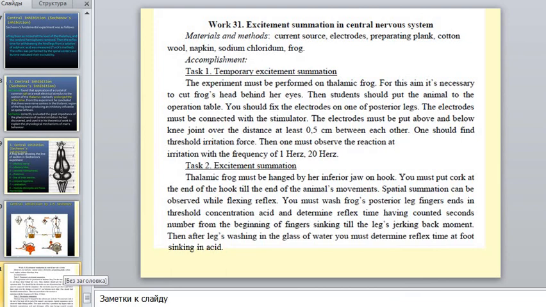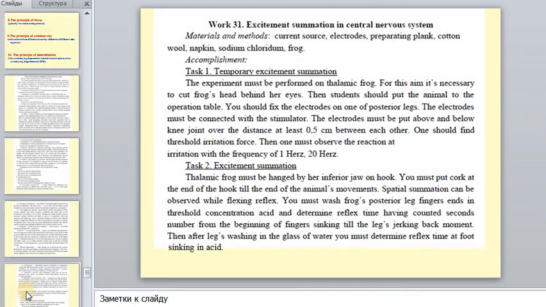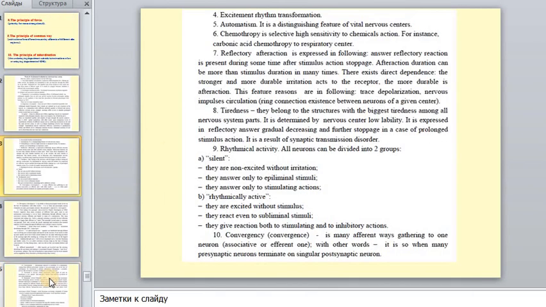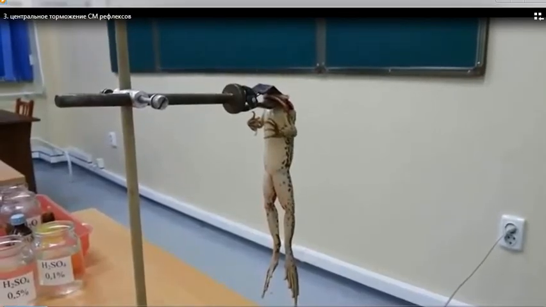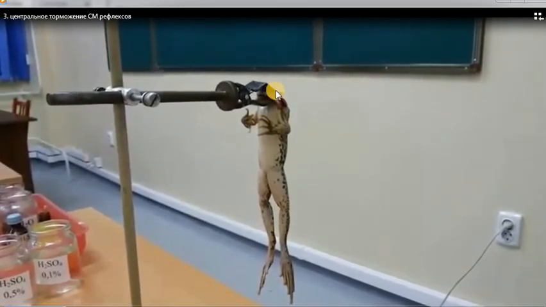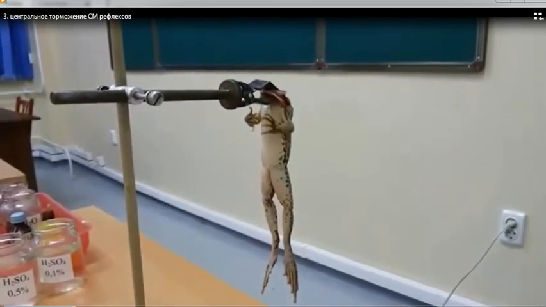So let's watch the video of the first lab work, irradiation in the central nervous system and the experiment of Sechenov. We have a frog without part of the brain.